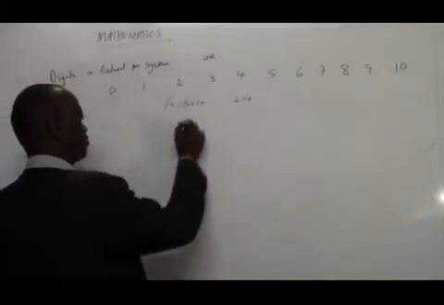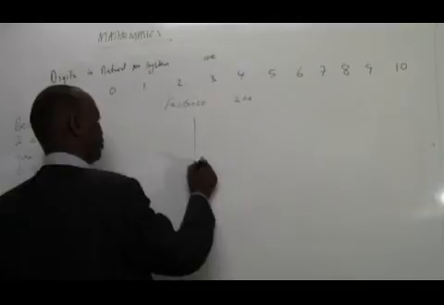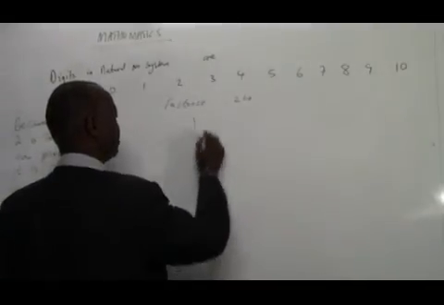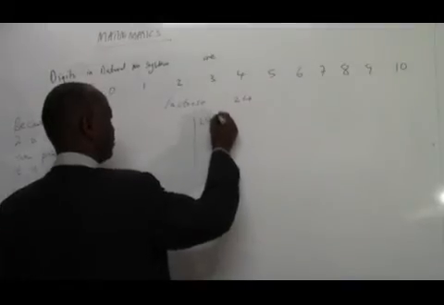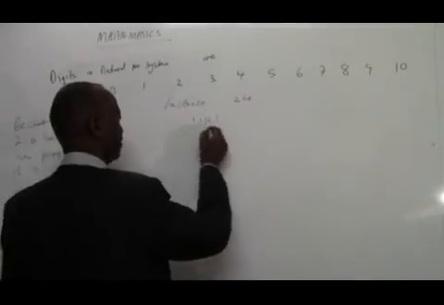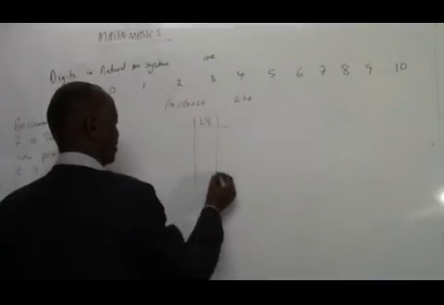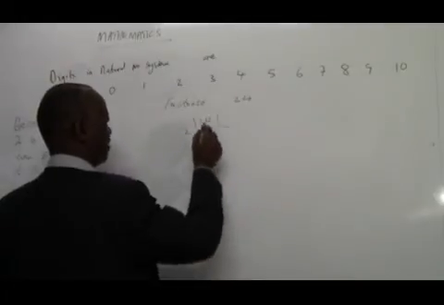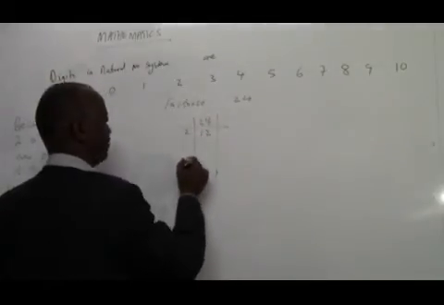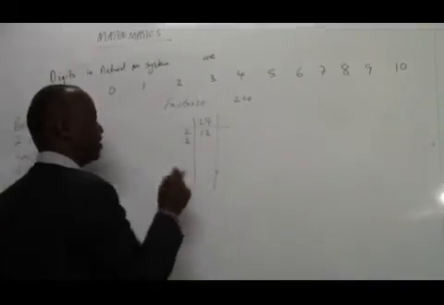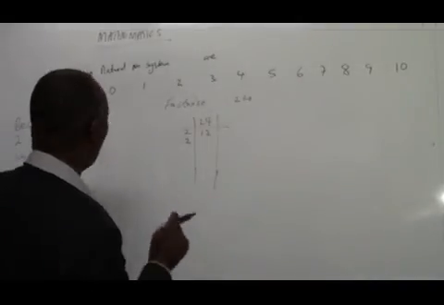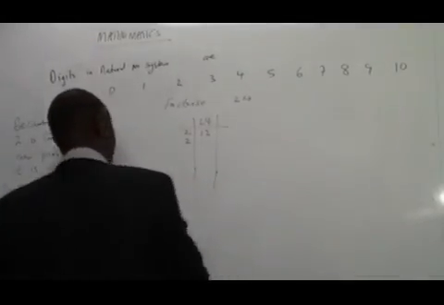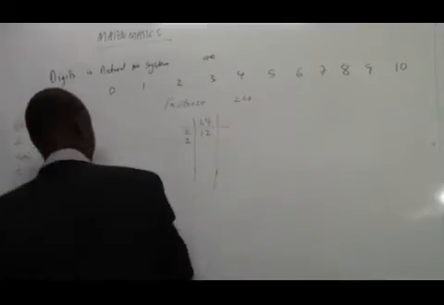So the way to go about it is to draw a table with your 24 there. You start by dividing with 2. If you divide 24 by 2, you get 12. Always start when factorizing with the lowest prime factor, which in this case is 2.